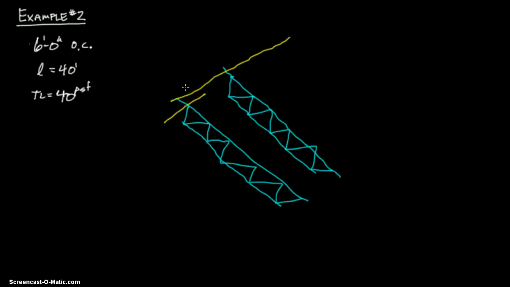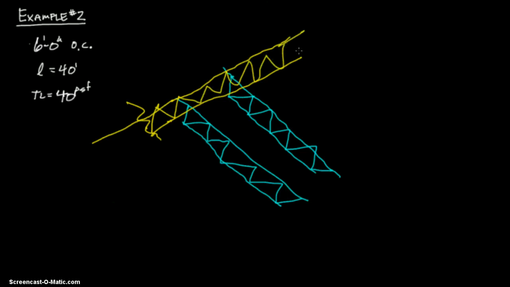If you have a larger system, and this could go on for a while, we'll do a break line right there. I hope I'm getting my point across. Then there'll be another one right here, so we'll have a break line. That's another joist, and you have the same thing over here.